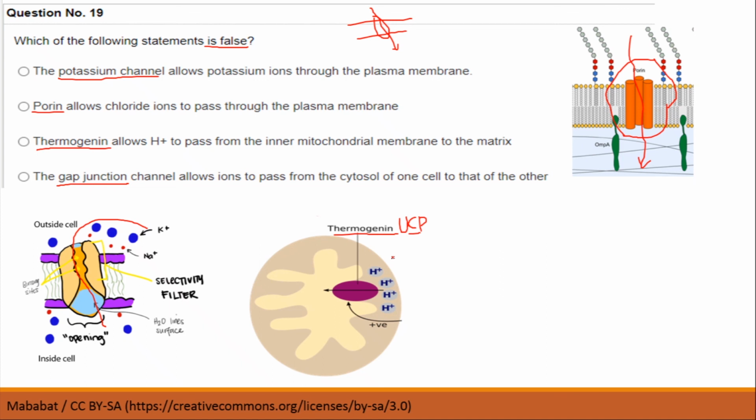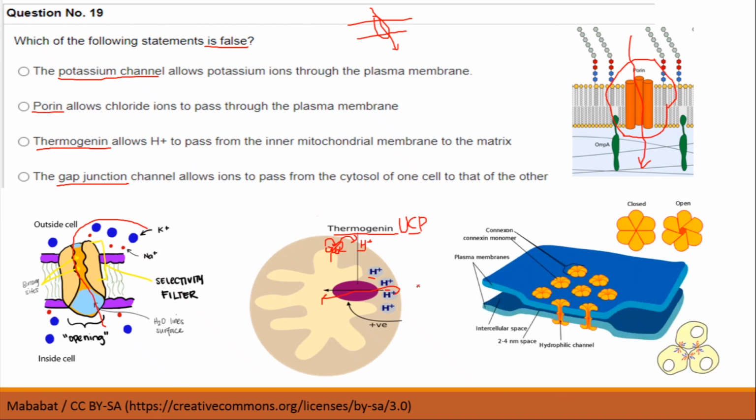We know during the oxidative phosphorylation, that is your electron transport chain, during the transport of electrons from one electron carrier to another, protons are pumped from the matrix of the mitochondria to the intermembrane space. Now, in case the cell does not want to produce ATP and it has to decrease this proton gradient, it can do so with the help of this thermogenin, which will pump these H plus ions back to this matrix.